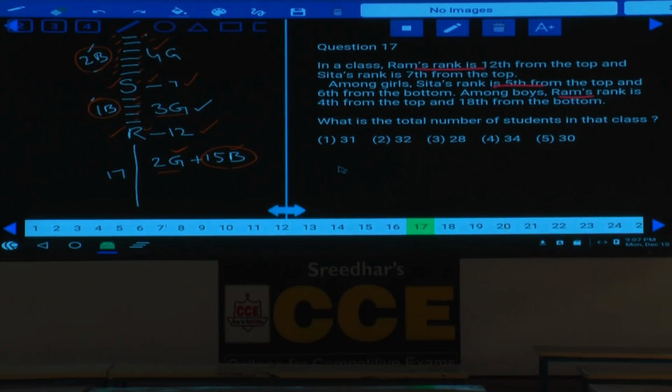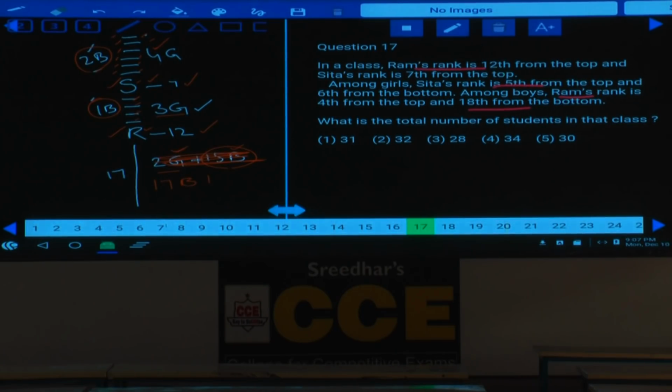Now, 1 minute. Among boys, Ram's rank is 4th from the top, and among these boys, Ram's rank is 18th from the bottom, isn't it? Among boys, Ram's rank being 18th from the bottom means how many boys should be there after this Ram? There must be 17 boys after this Ram, because among the boys this person is 18th from the bottom.